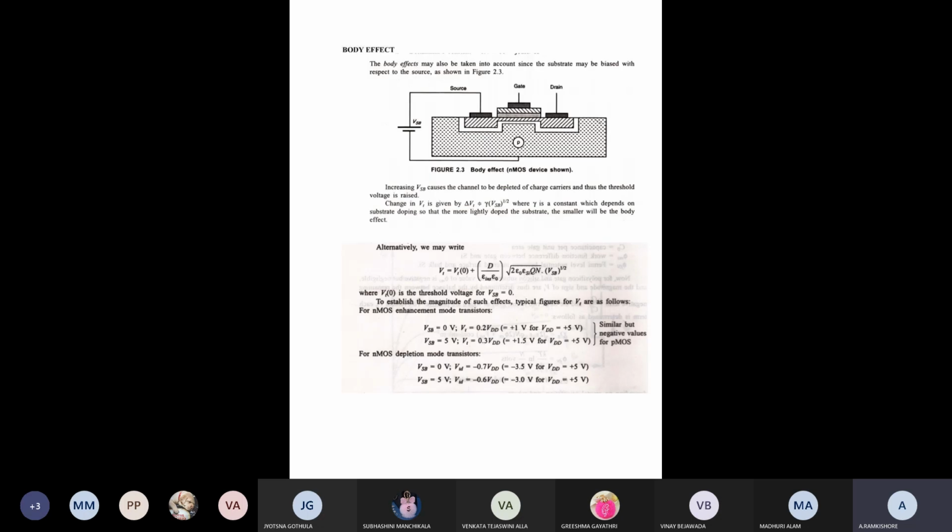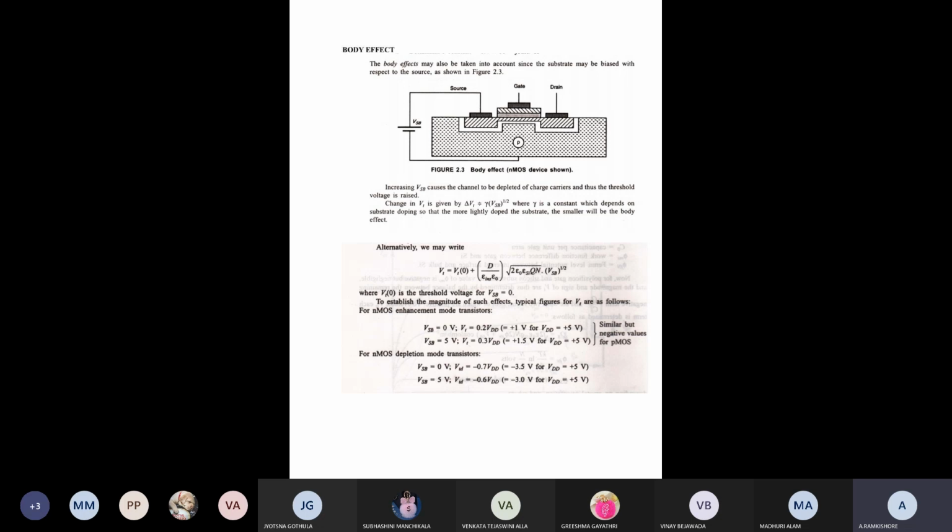Next we will see the concept of body effect. This MOS device will be operated on many voltages: the threshold voltage, the substrate voltage, the VDS voltage and the VGS voltage.